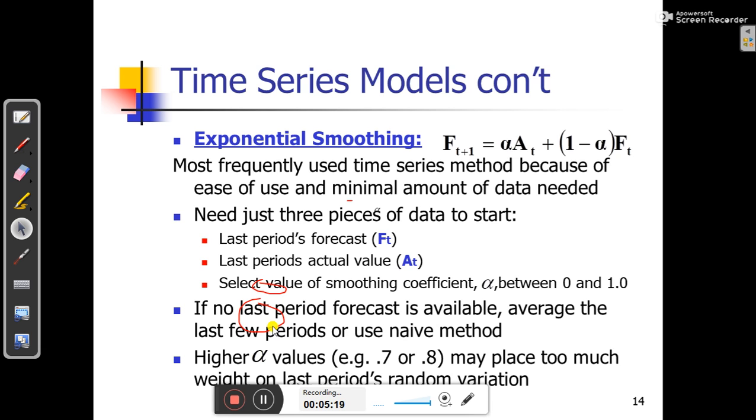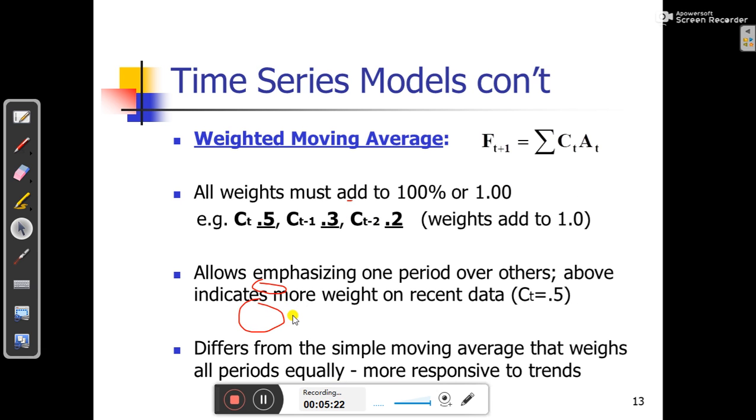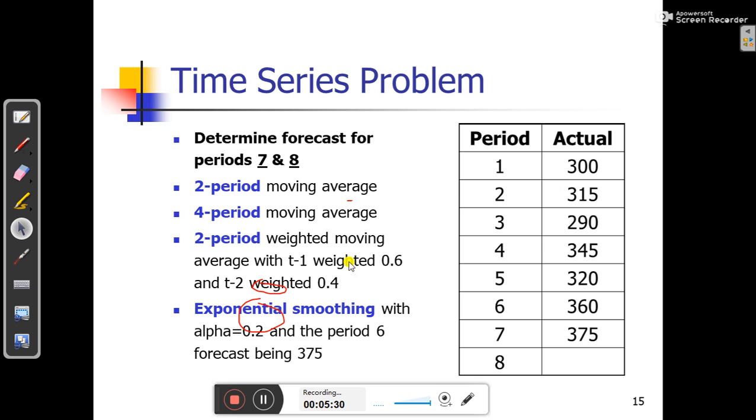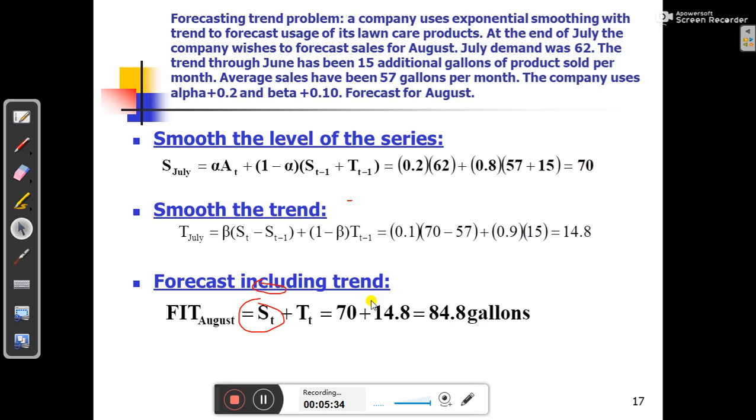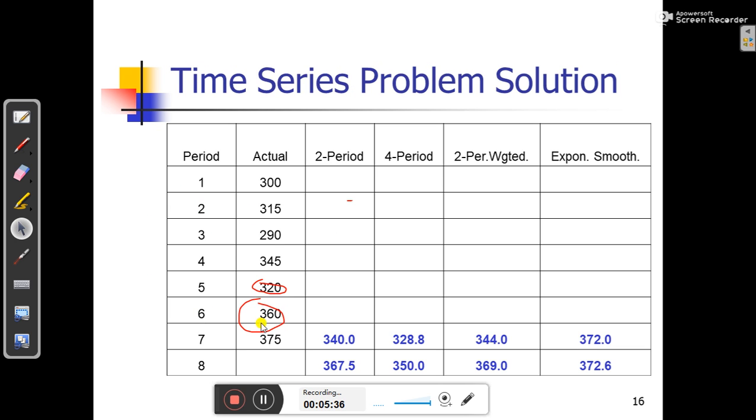That is the weighted moving average, the summation of CT into AT. CT is in this equation, 0.6 and 0.4. So if you multiply this with these two, then whatever you sum up, that value will be this one.